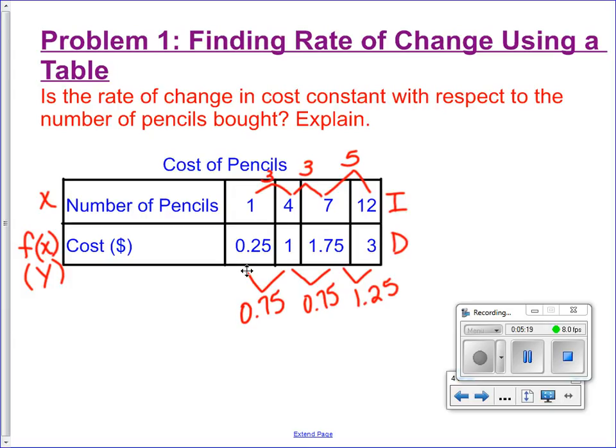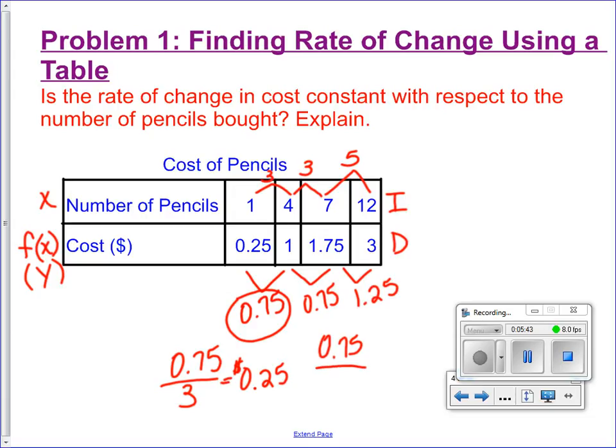So we're going to take the 0.75 and divide it by 3. 75 cents divided by 3 is 25 cents. On our next one, we have exactly the same thing. We have 0.75 divided by the 3, our independent variable, and that again gives us the same rate of change.